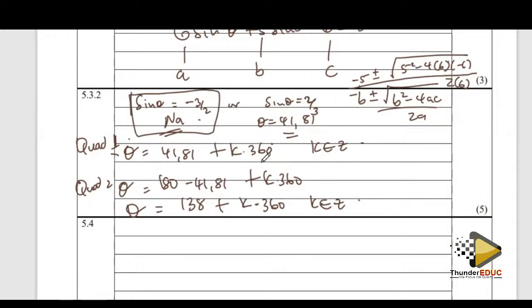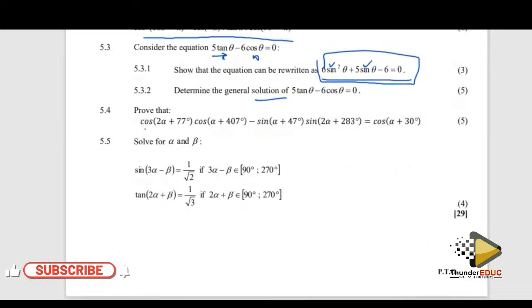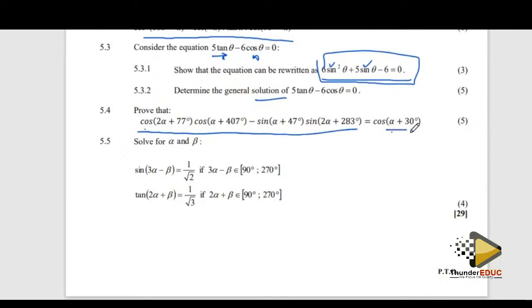Okay, then 5.4. 5.4, they want us to prove, do we have enough space down? Not that much. Can we prove that this is the same as that?